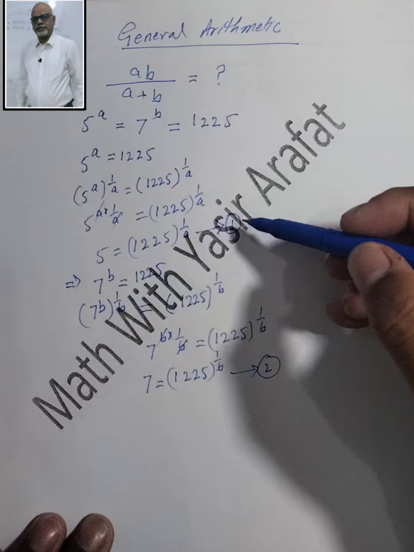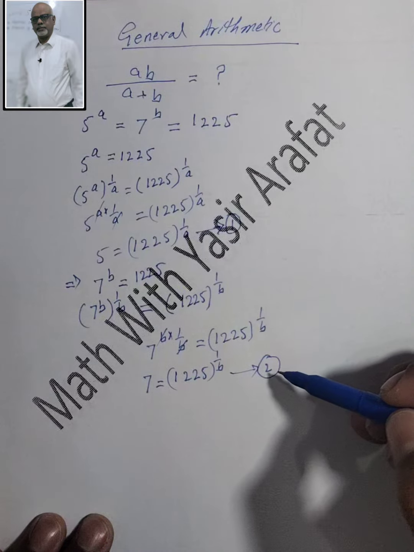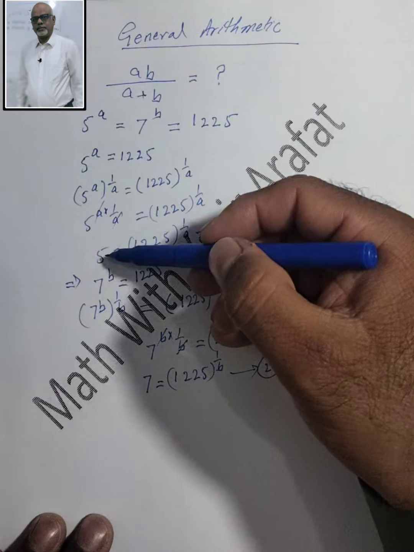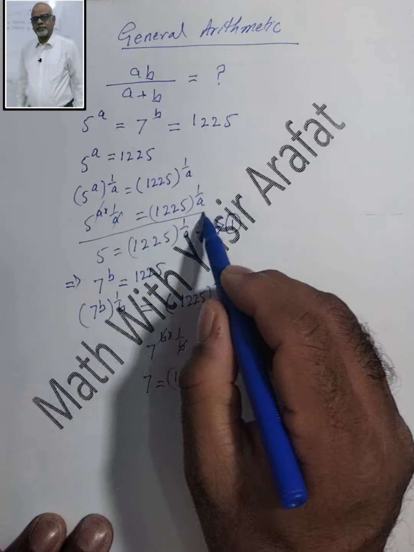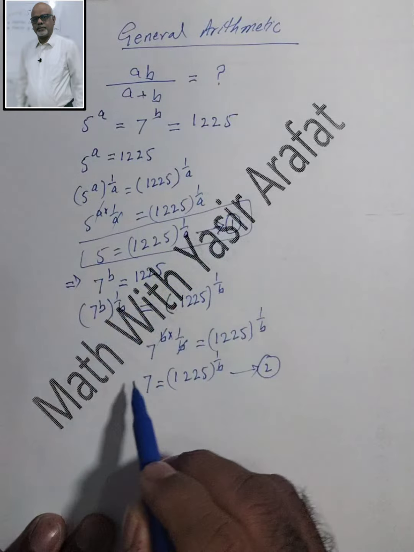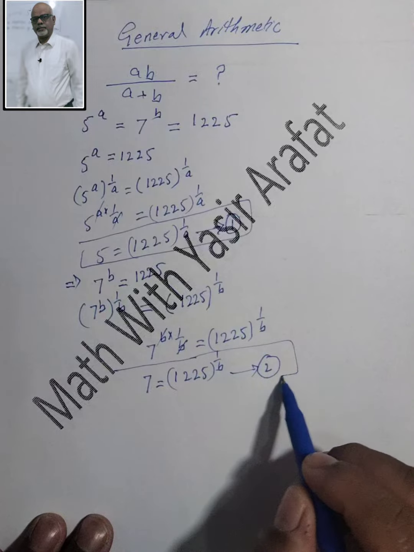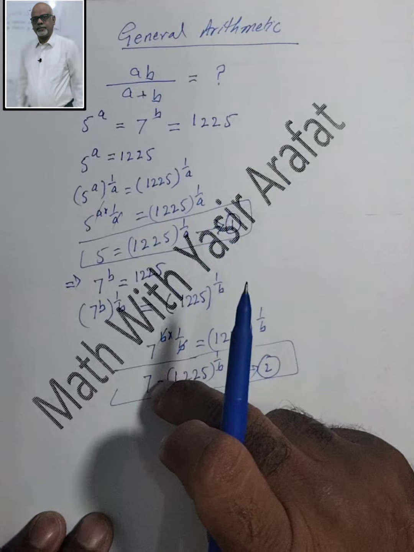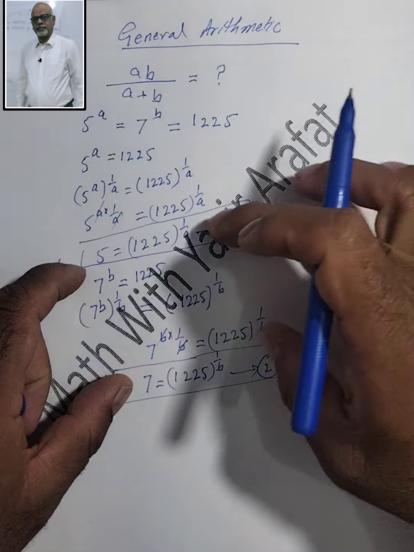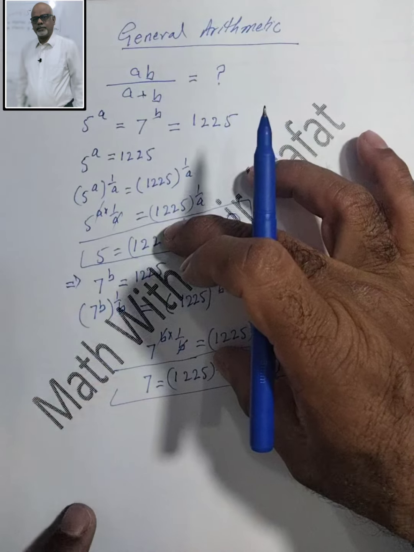Now we multiply equation number 1 with equation number 2. The left hand side multiplies with the left hand side, and the right hand side multiplies with the right hand side.